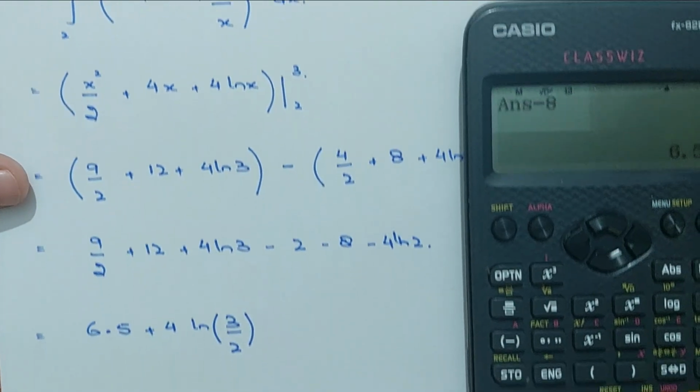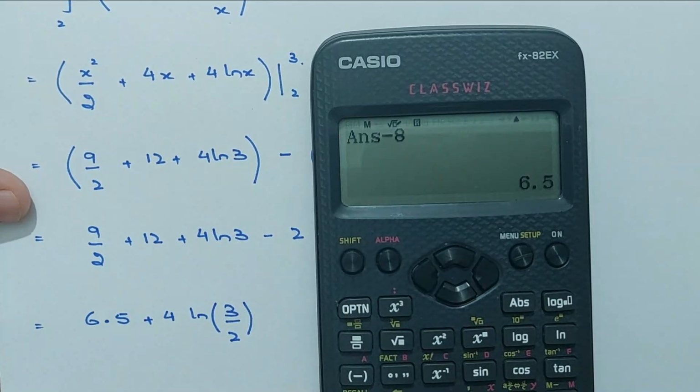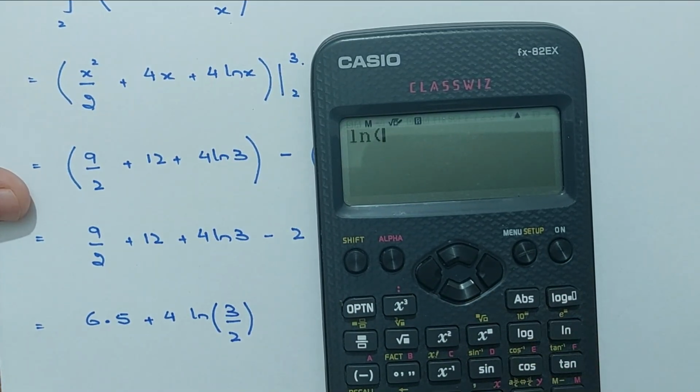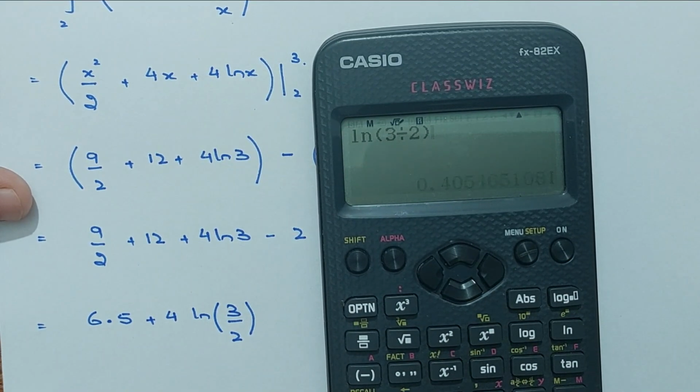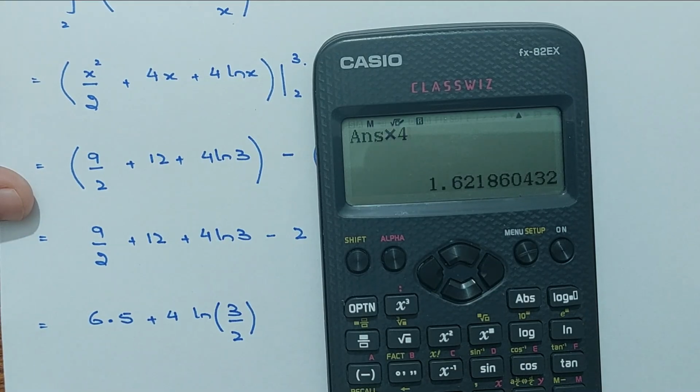We have to solve for the exact value. This is the exact one, or we can find the simplified one: ln 3 by 2, times 4, and add 6.5. This is 8.12.